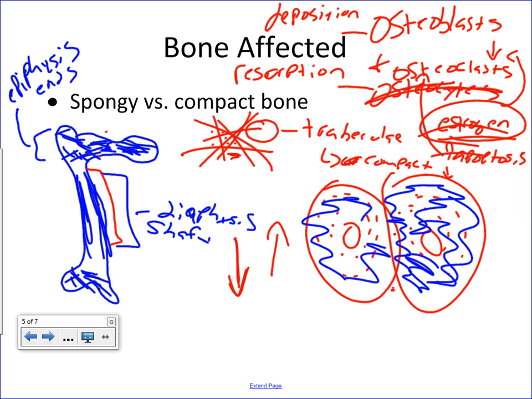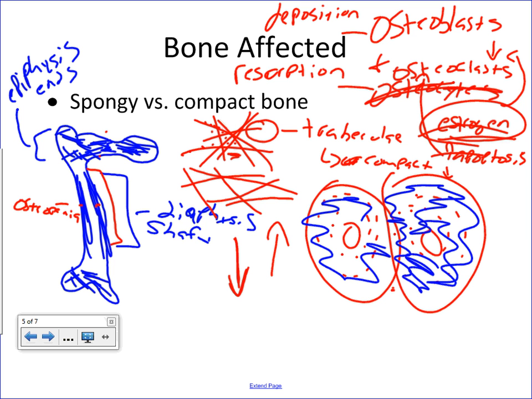Okay? And again, this compact bone is going to thin, osteopenia, but the bone that's greatly affected by this is the spongy bone of the body. Okay? And so what's going to happen are these little beams, these trabeculae, they're going to break down and they're going to thin, and what you notice is the size of the pores?